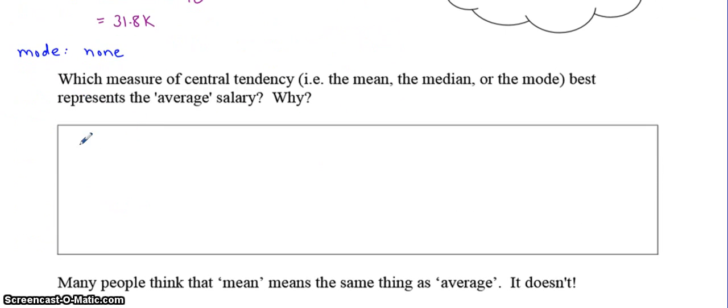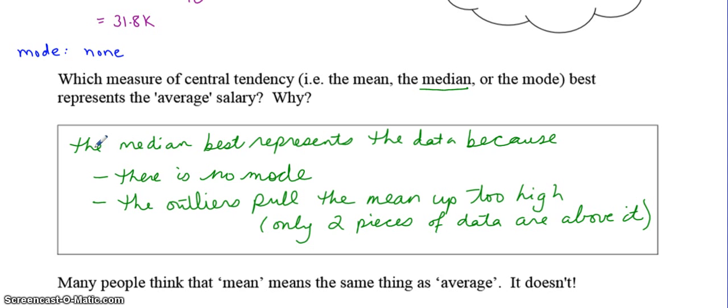So in this case, the median represents the data the best because there is no mode, and the outliers pull the mean up too high. So depending on the question, it might be better to use the mean, the median, or the mode.